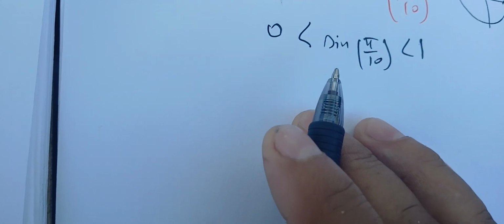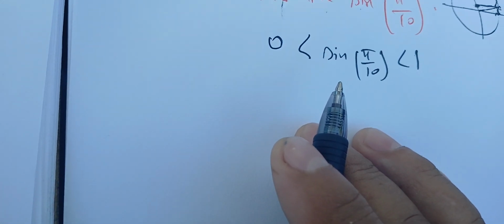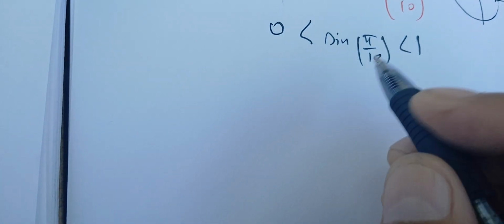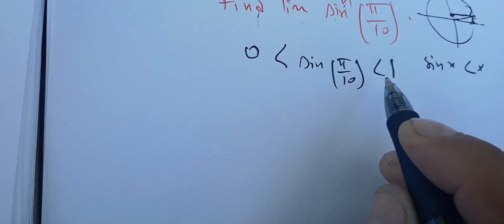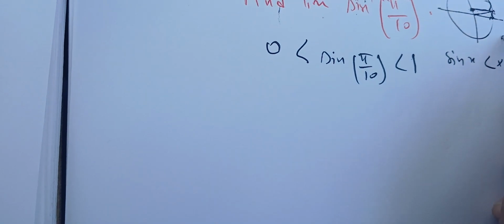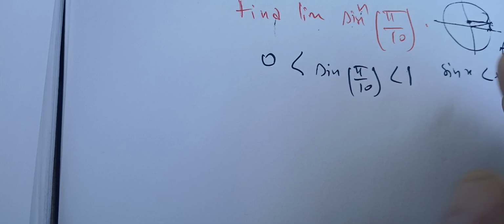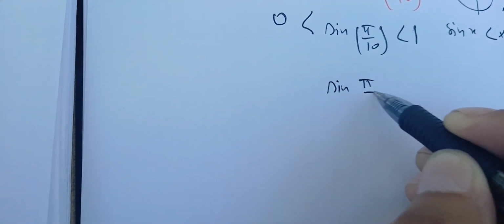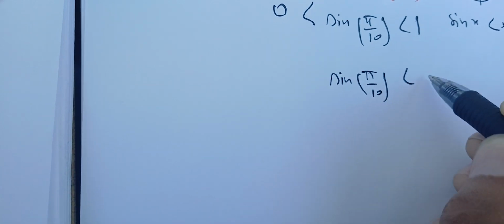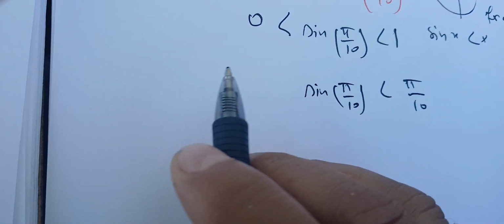We can prove in general that sine of x is less than x for all x positive. So that means the sine of pi over 10 is less than pi over 10.